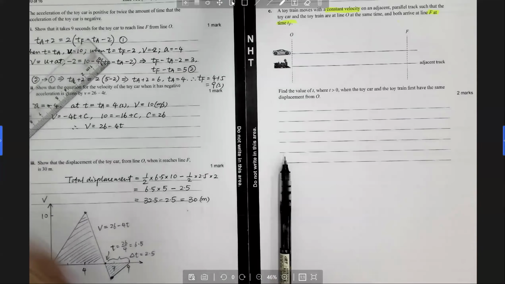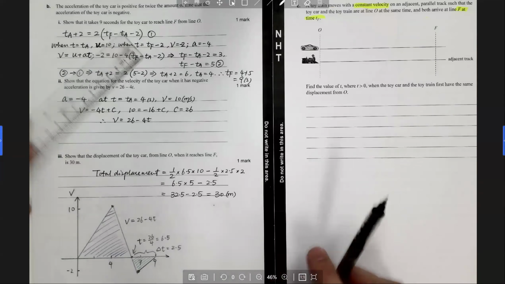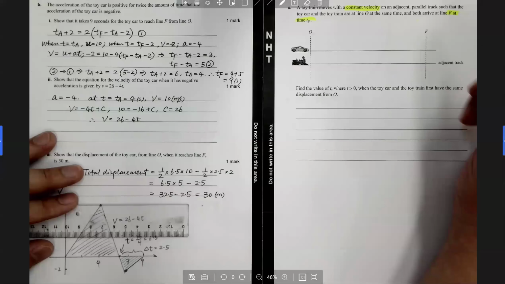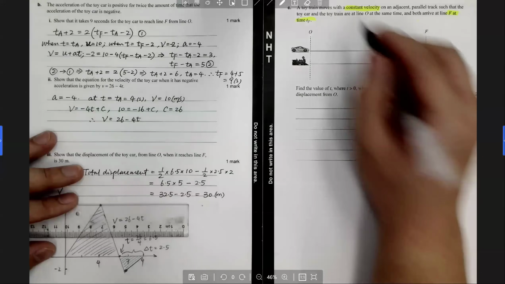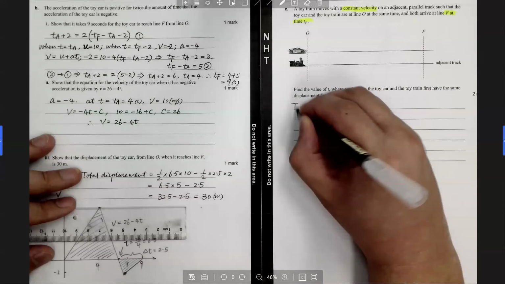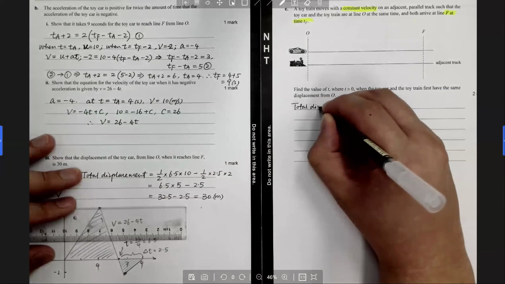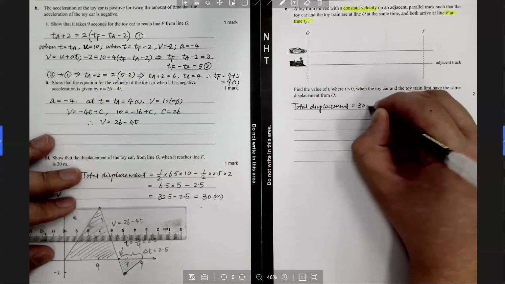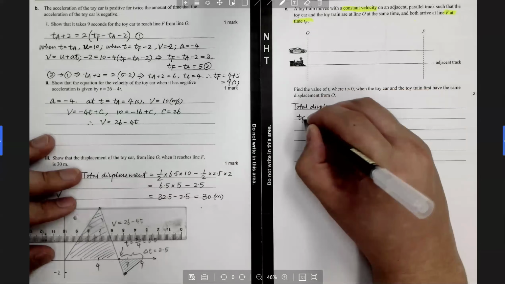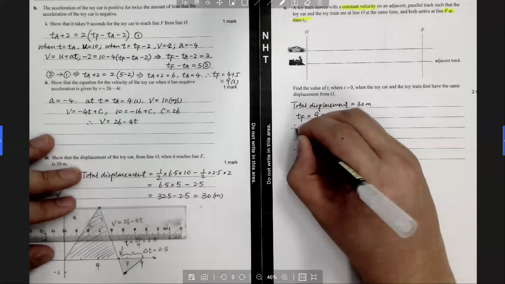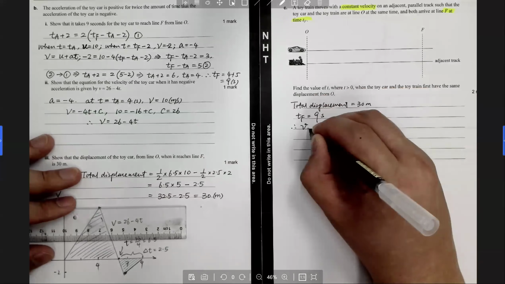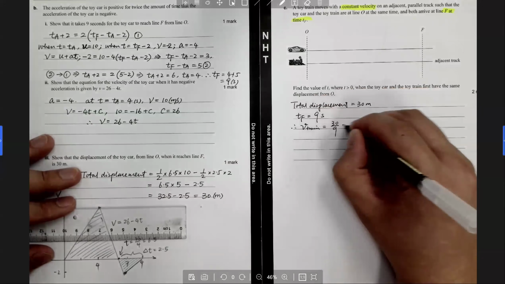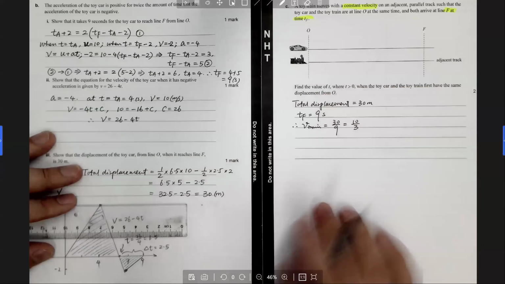But what I want to say is, how could they have equal displacement? Here is a constant velocity. The total displacement equals 30 meters. tf equals 9 seconds. Therefore, the constant velocity of the train is 30 over 9, which is 10 over 3, okay?